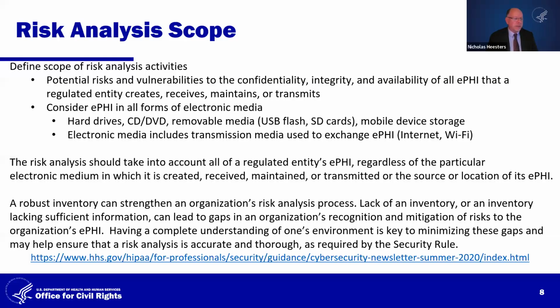There's going to be computer systems and servers and applications. There's going to be electronic media, optical media, SD cards, flash drives, mobile devices, smartphones, laptops, medical devices. And the definition of electronic media also includes transmission media, so networks.